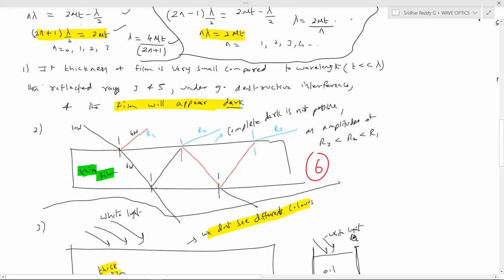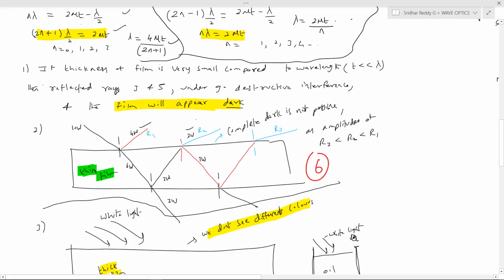Again here, 3 watt will be transmitted, 3 watt will be reflected. So in the 3 watt, 2 watt will be transmitted, and the remaining 1 watt will be reflected.